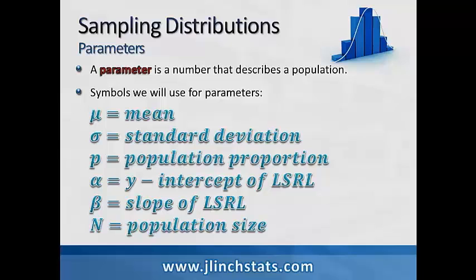If we were able to do a complete census and then break down these possible values for our population, we would get these parameter values. And we would represent these parameter values with the letters denoted for our parameters themselves: mu, sigma, p, alpha, beta, and capital N. So once again, parameters are values or numbers that describe a population.